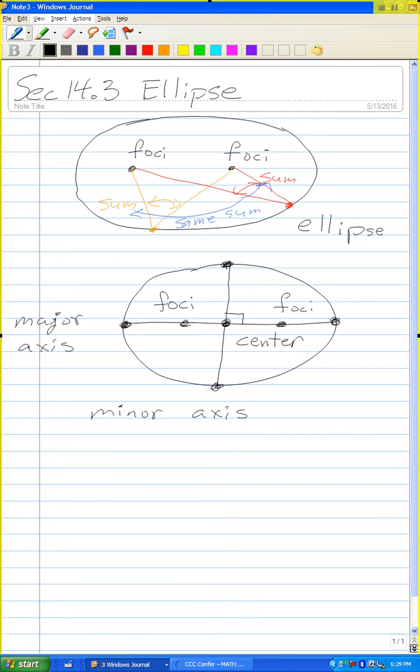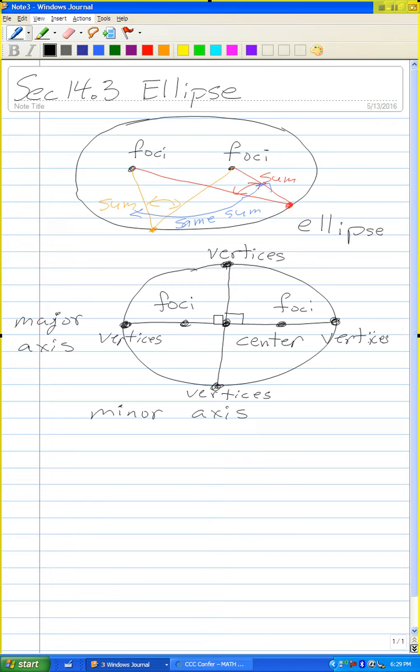And each of these points here are called vertices. So this is a vertex. So each of these are vertices. So you have these 4 vertices.